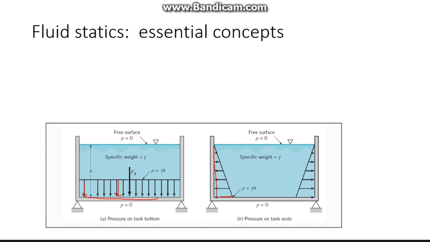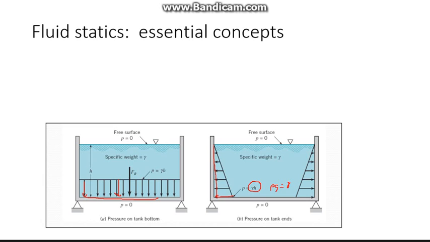Large on the bottom and 0 on the top, or atmospheric more correctly. It feels atmospheric pressure, but we can call it 0 because all of this feels atmospheric pressure. The gauge pressure here is rho times g times h, or gamma h. Remember that rho g equals gamma. So pressure increases with depth.